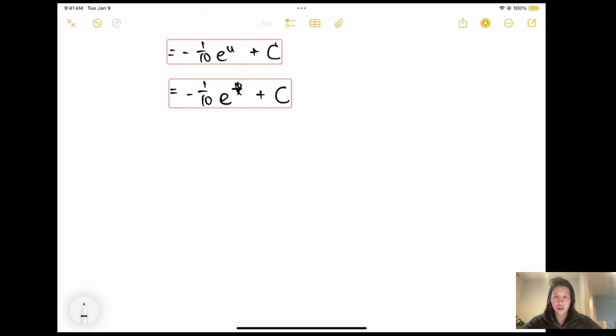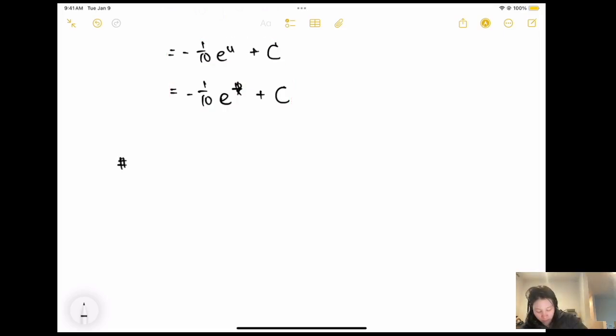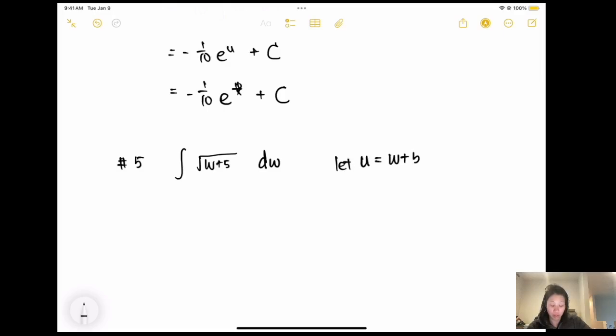Let's take a look at number 5. Number 5 is trying to find the antiderivative of the square root of w plus 5 dw. So this one is very obvious. If you have a square root, usually everything under the square root is going to become the u. So we let u equal w plus 5.